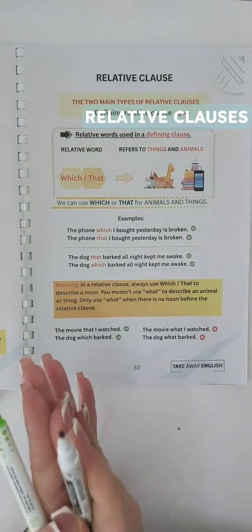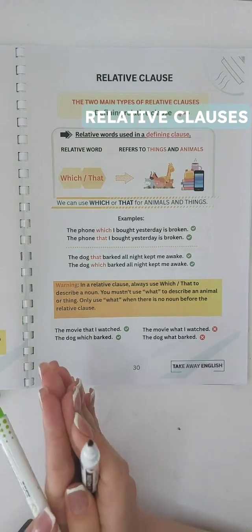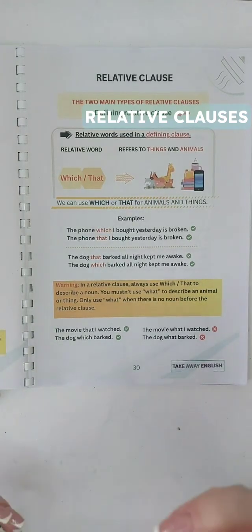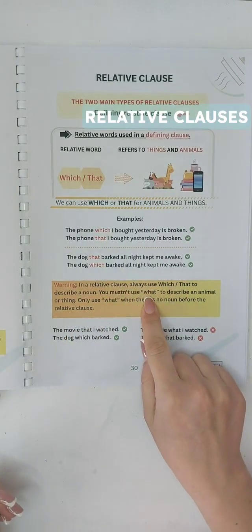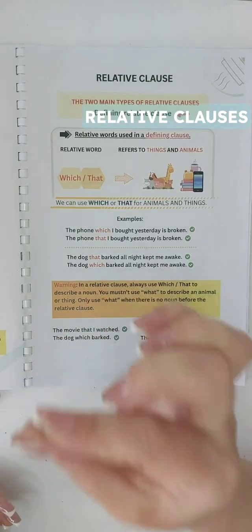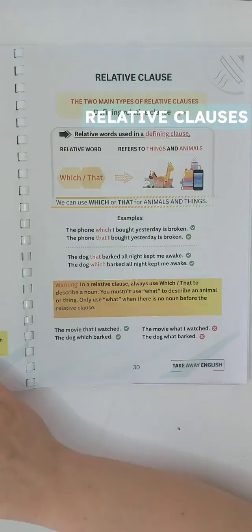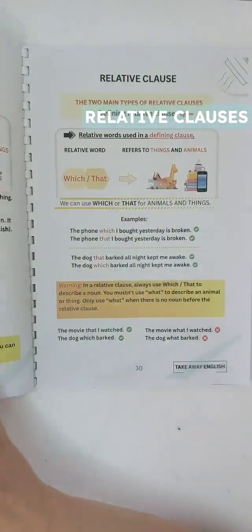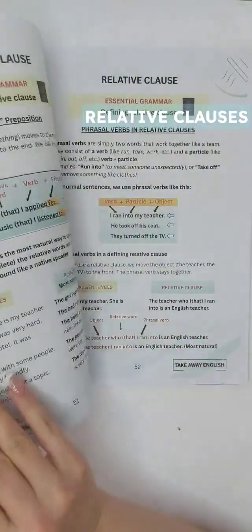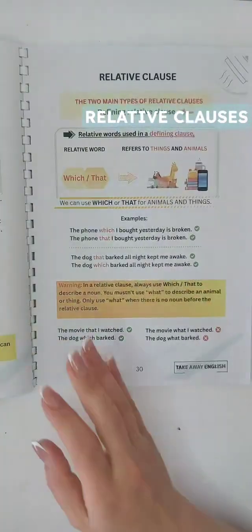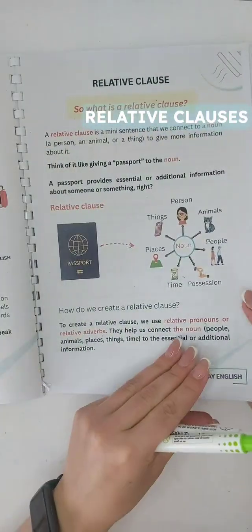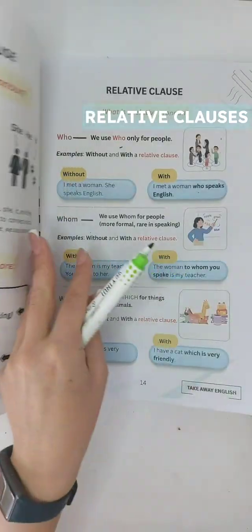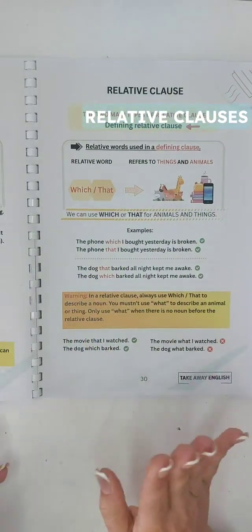And again, important note that we can never use what with relative clauses. The relative words we use with relative clauses are the words we are learning during my live lessons, okay?